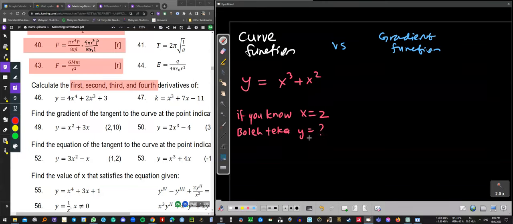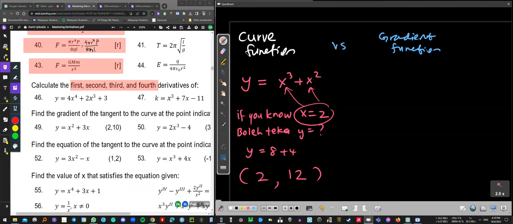Can you guess what is Y? Absolutely lah kan? You just plug in X equals to 2 inside the curve function, you get Y equals to 8 plus 4.